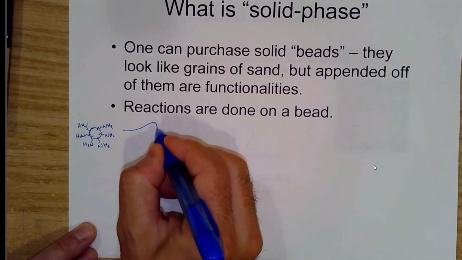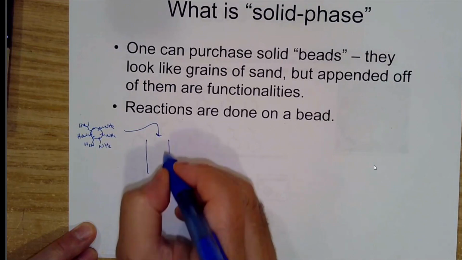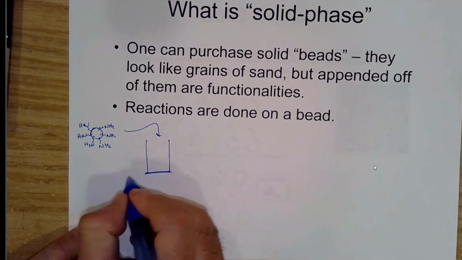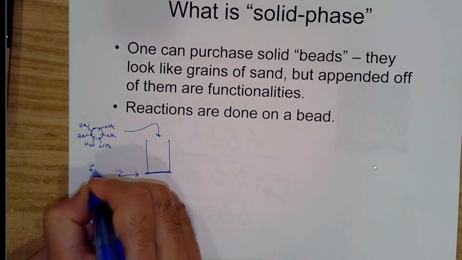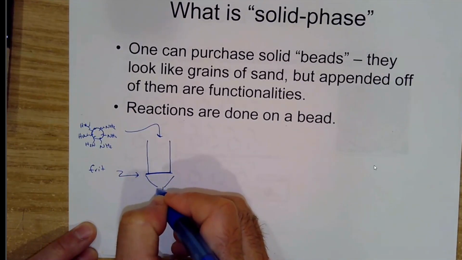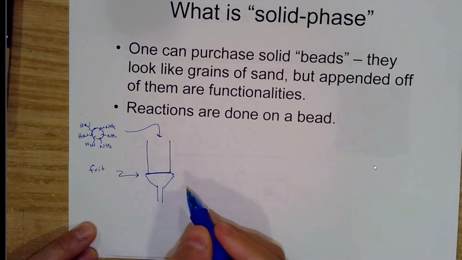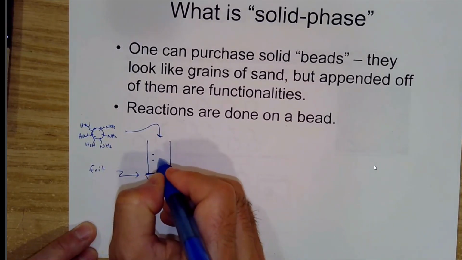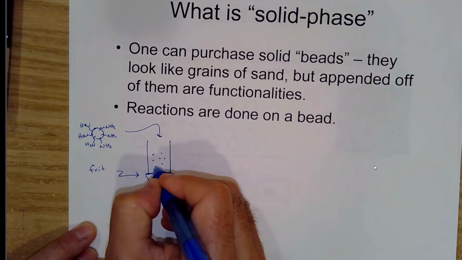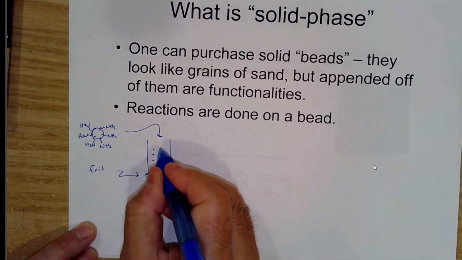So what you do is you put them into a little column, and attached to this column is a frit, and after the frit is sort of a funnel where liquid can pass through. So let's put our beads in, and every one of these little dots corresponds to one of those beads.